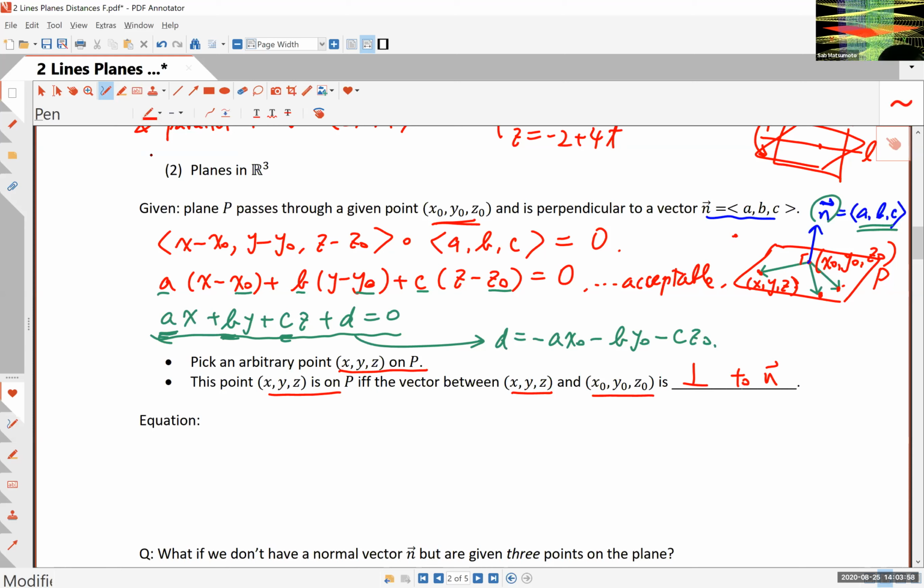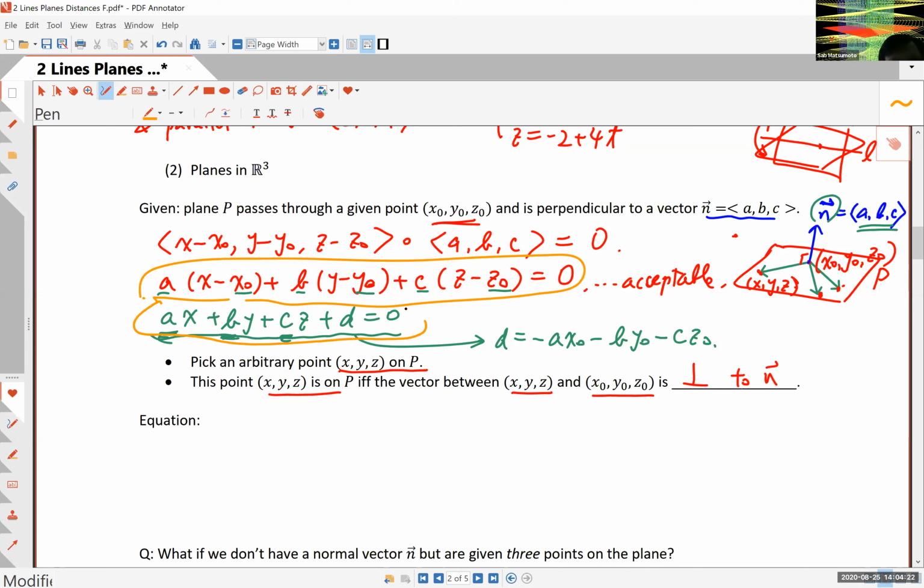Wow, all right. So let's do an example. I'd like to give you an example here. Let's see, what can I do? Here's an equation. Okay, so what is the equation? What I mean by that is that this is an equation of the plane.